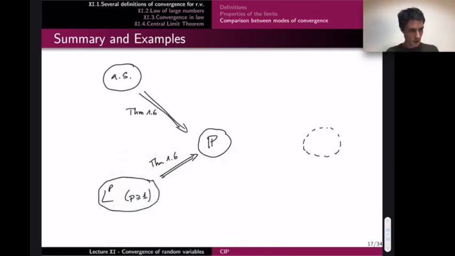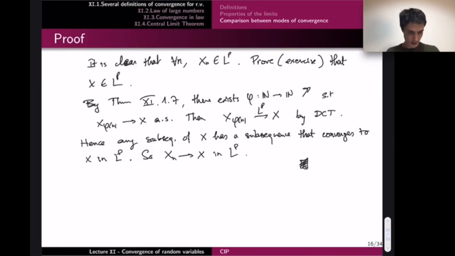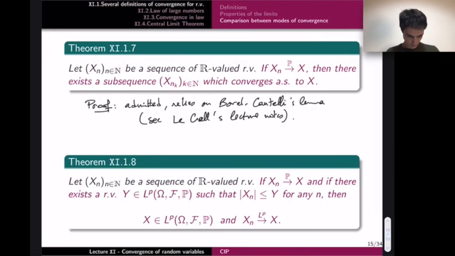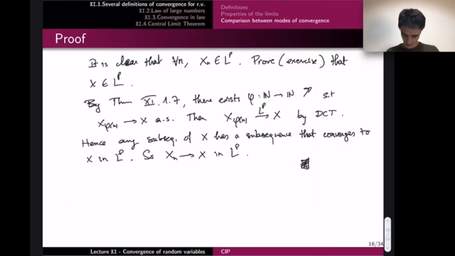Convergence in probability implies almost sure convergence up to taking a subsequence. So here also I will have a partial converse. These are partial results, theorem 1.7, I think.